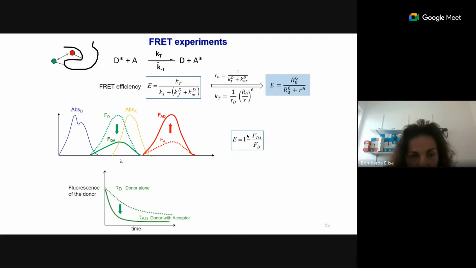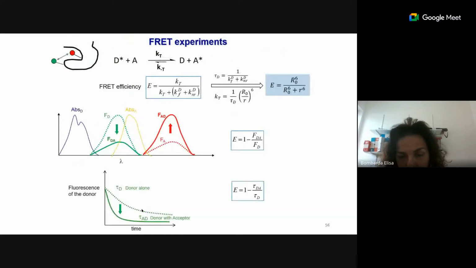And with the lifetime, what happens is the following: as we were seeing, in presence of the acceptor the lifetime of the donor decreases, getting shorter, because we have this additional decay pathway, and again we can estimate the efficiency.